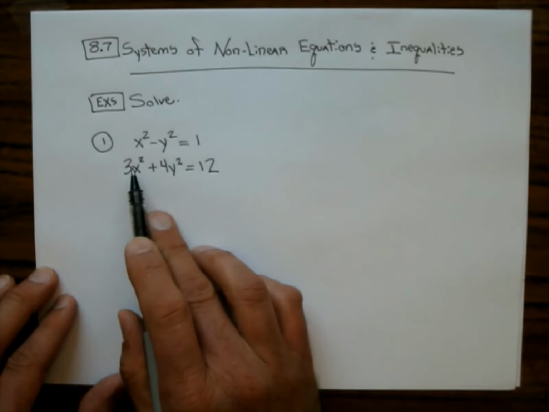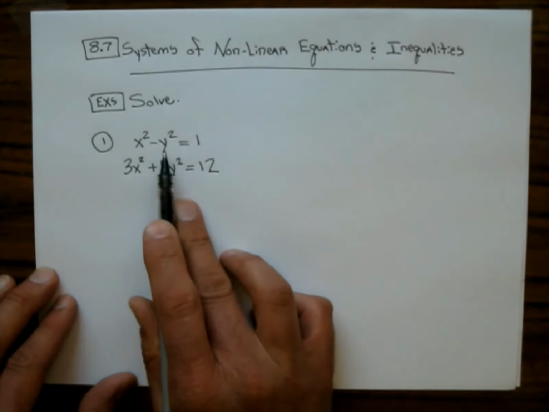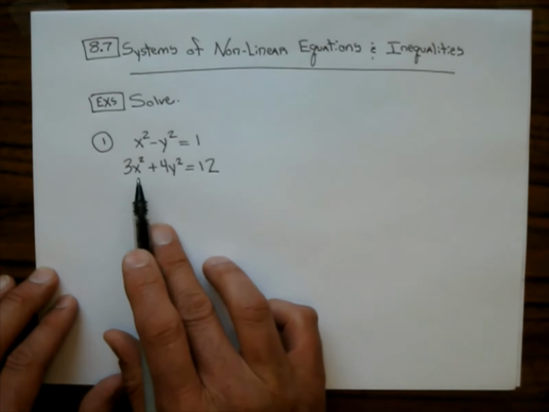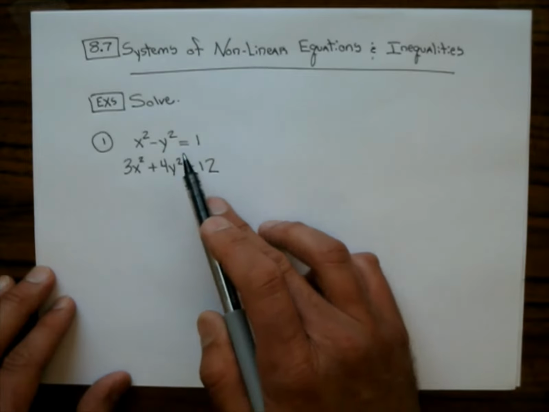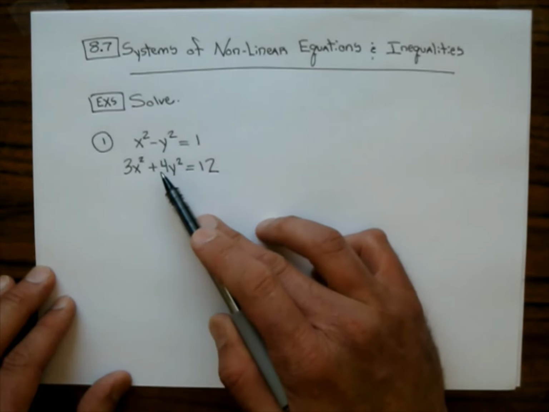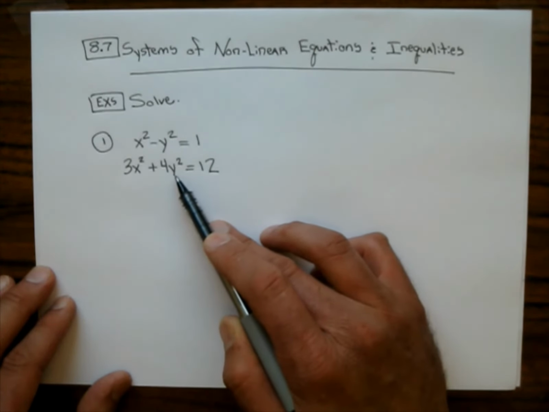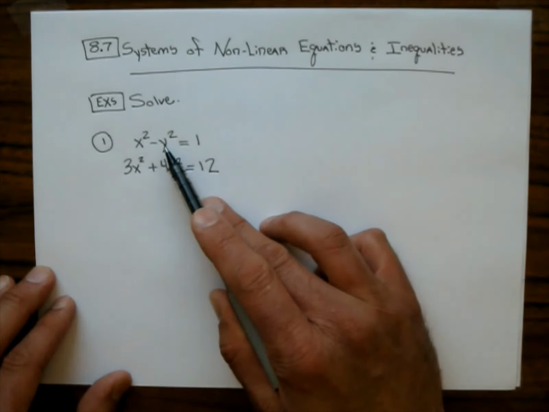So how would I solve for the variables with their squares there? Well, one way is to use elimination. I can eliminate the y squared by putting opposites for their coefficients. I have a 4y squared down there, and it would be great if I had a negative 4y squared.